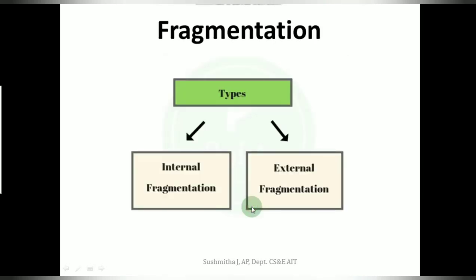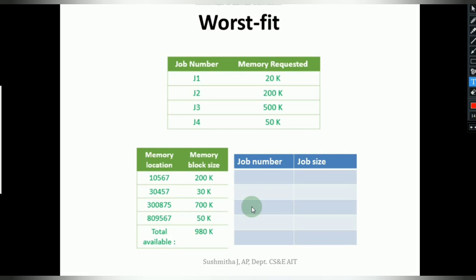So job 1 shall be allocated to 700K. Its size is 20K. Next we have job 2. Now this block is already occupied.